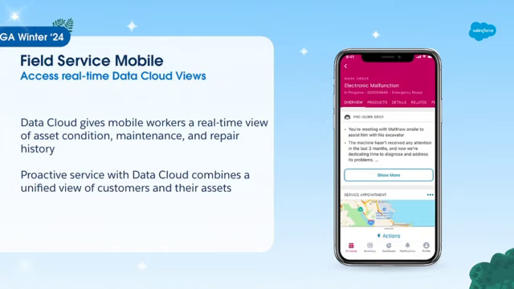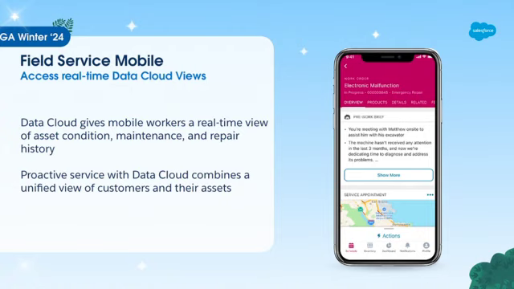Customers including AAA, Pella, and Ryder System use Salesforce Field Service to drive operational efficiencies, generate revenue, and deliver fast service to customers. In fact, proactive services with Data Cloud combine a unified view of customers and their assets, including customer purchase details, service history, and IoT signals on machine health, all in real time and at scale.